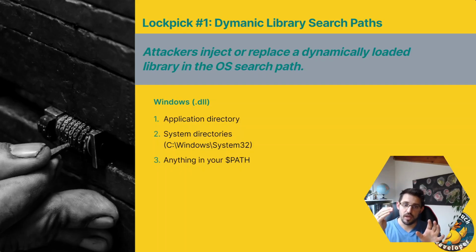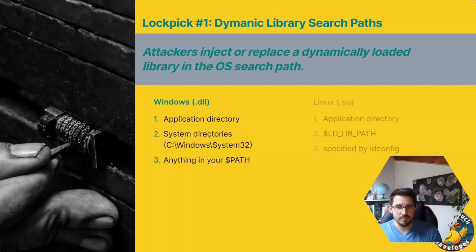Then it will take a look at the system directories, that's Windows/System32 or Windows/System. And then Windows even goes so far as to search anything that's in your path for a matching library. The first one that is found in this hierarchy will be taken and dynamically loaded into your application.